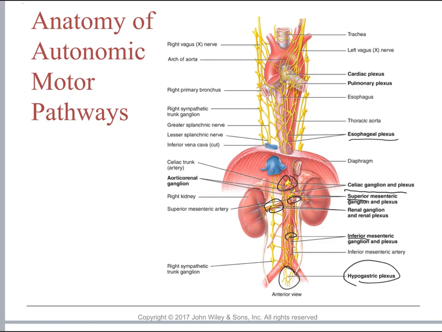If you go back to AP1, where we have the regions and quadrants, this region is the hypogastric region, so hence we name it the hypogastric plexus. Now, a couple things to identify too. We have our chain ganglia, so that lies on the sides of these vertebrae. Okay. So again, just pointing out some structures that we have already identified.